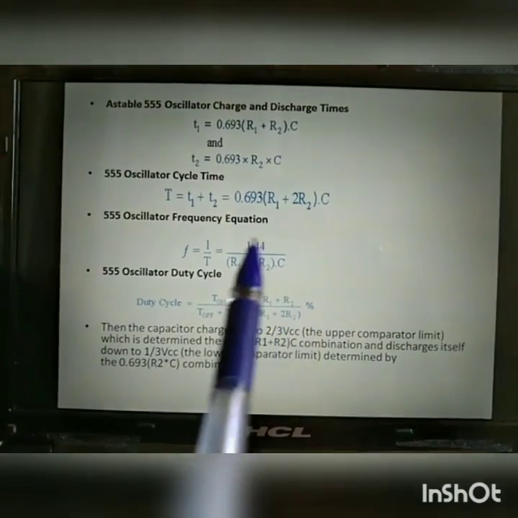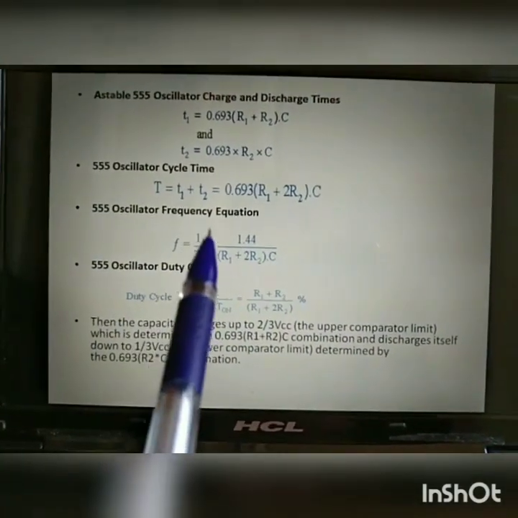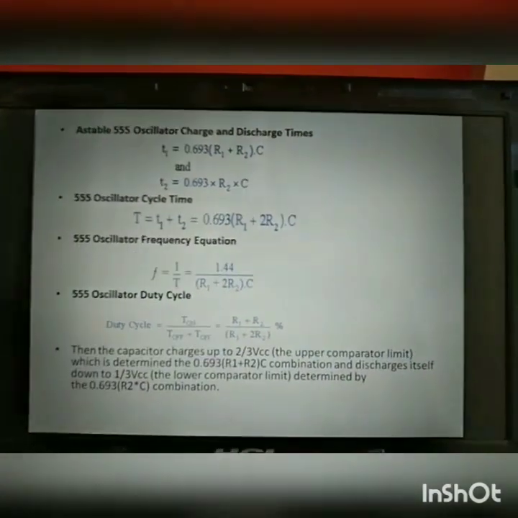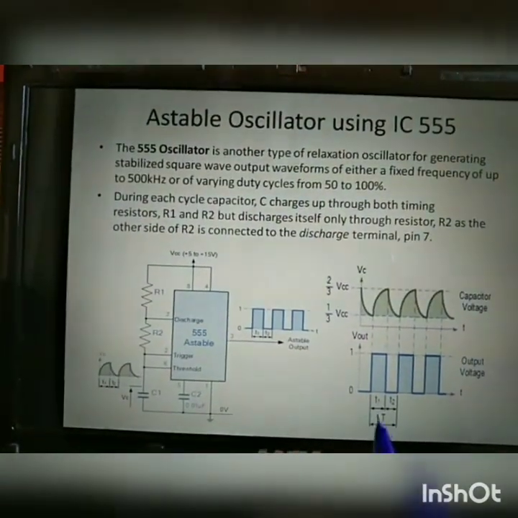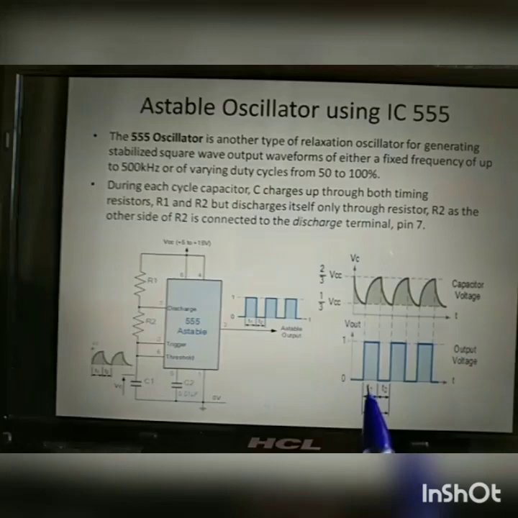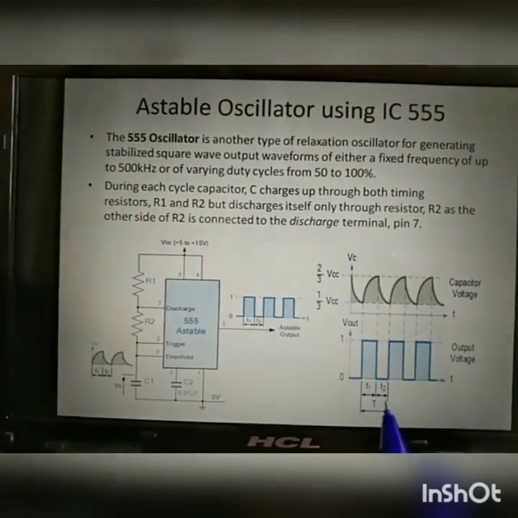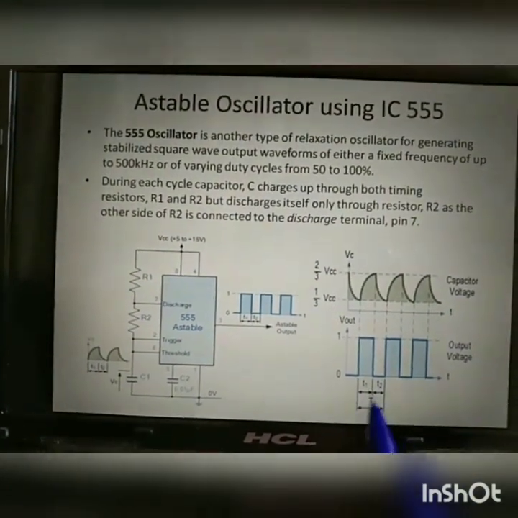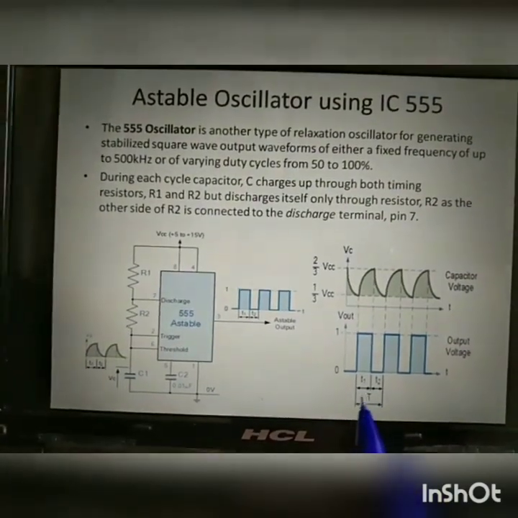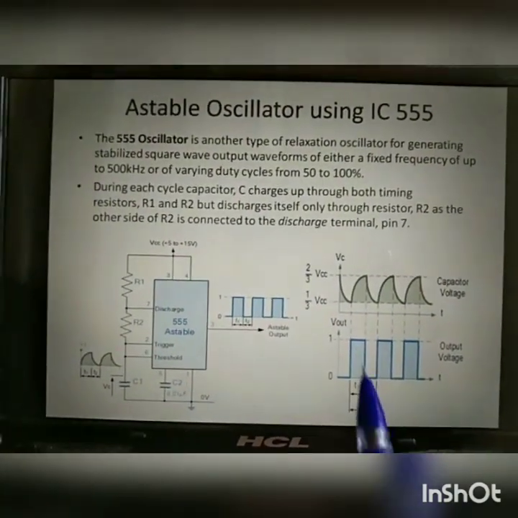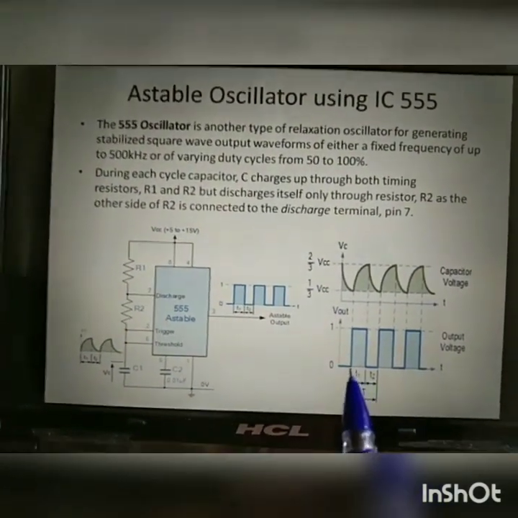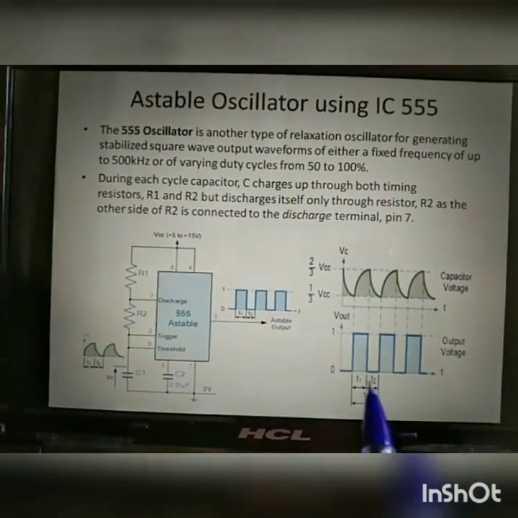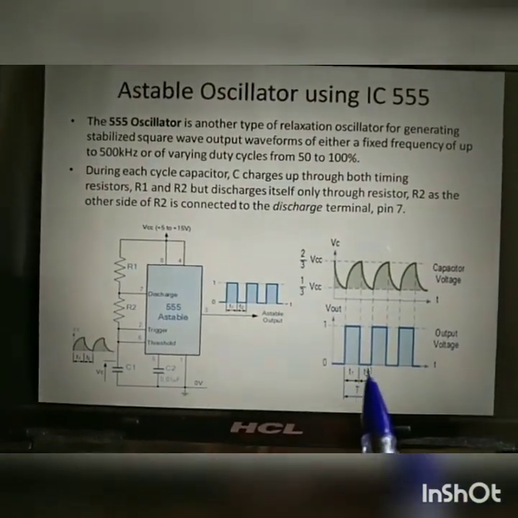Next is the frequency equation. What is the frequency? F is equal to 1 by T, meaning F is 1 by the time period of only one cycle. This is time T1, time T2, total time T. This time T is equal to one cycle. F is equal to 1 divided by T. In this, both high and low times are T1 and T2, and T is equal to T1 plus T2.